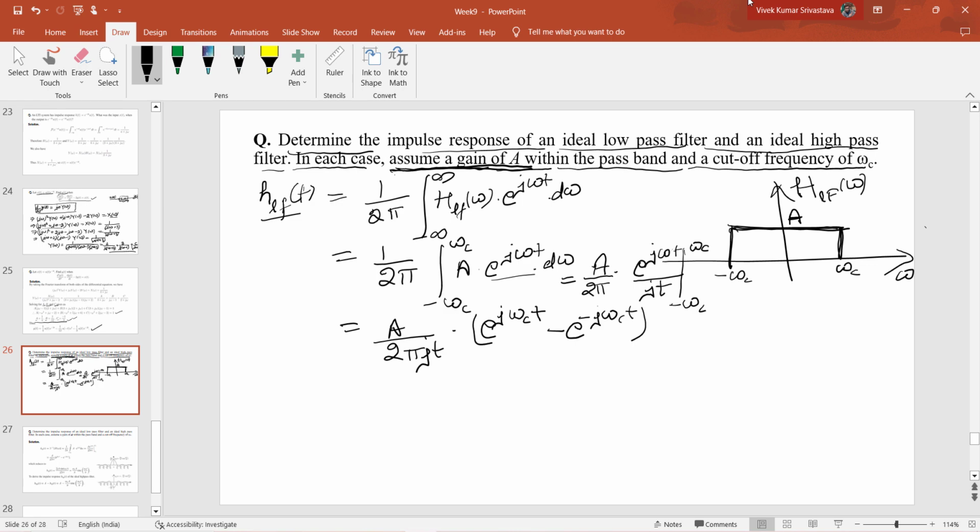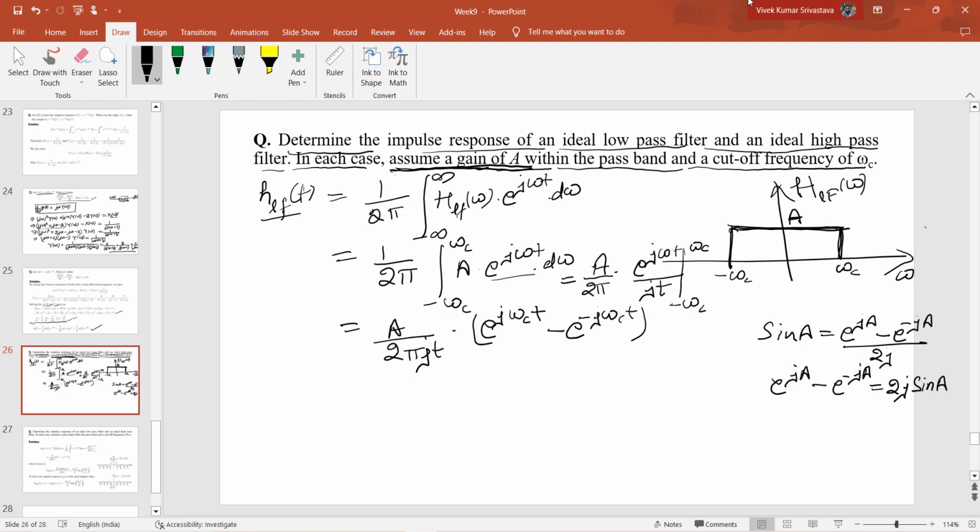Now, as we know, sine of a is written as e raised to the power ja minus e raised to the power minus ja divided by 2j. So e raised to the power ja minus e raised to the power minus ja can be written as 2j into sine of a.